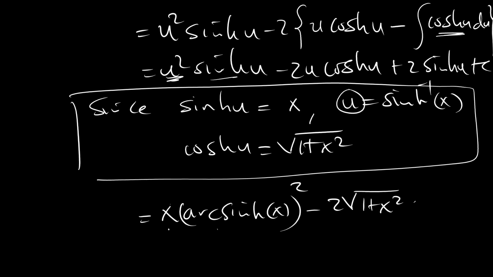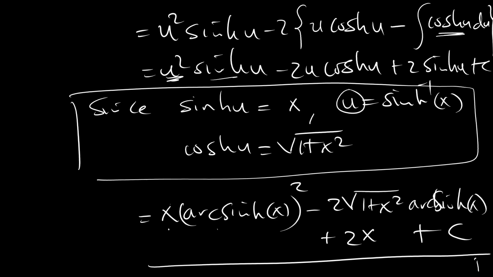U is arc sinh of x, and then plus 2 sinh u is x plus the integration constant. And that, ladies and gentlemen, is our answer. So this, by the way, is arc sinh of x. Anyway, so that's the answer.